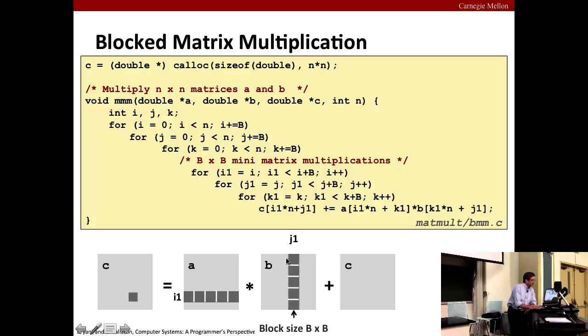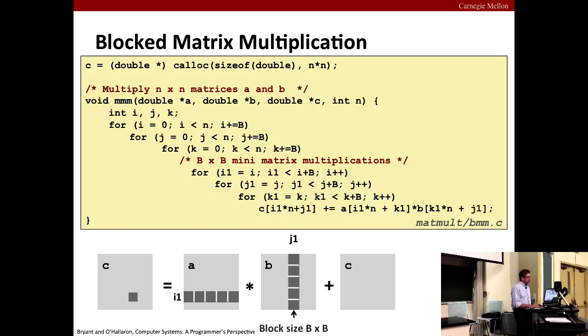So we're taking this subblock times this subblock plus the second subblock of A times the second subblock of B plus the third subblock of A times the third subblock of B, and so on. So we're doing the same inner product operation, but instead of on scalars, we're doing it with these little tiny matrices.